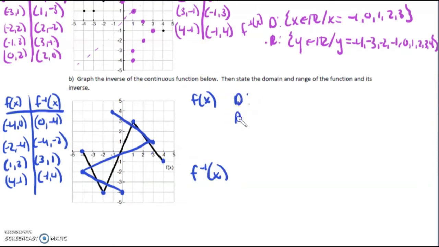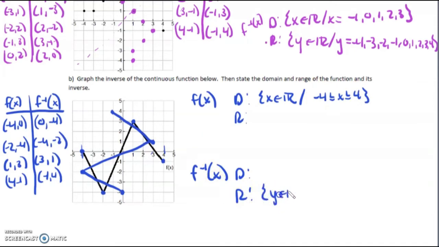So we can use the crocodiles. Okay, so we have x is an element of the real number system such that the x's go from -4 to 4. Which means the domain of f of x is going to be the range of f inverse of x. So we can do the exact same one.